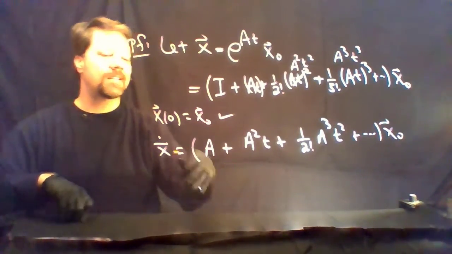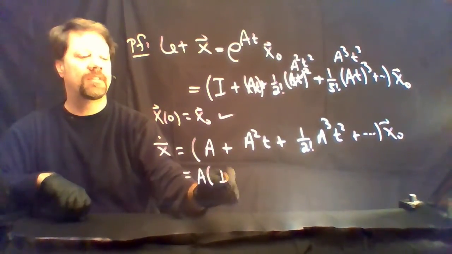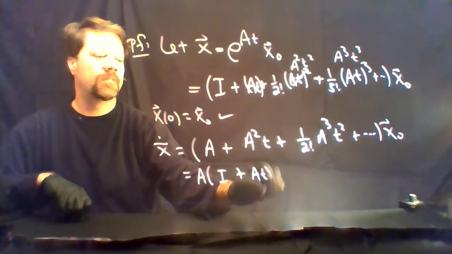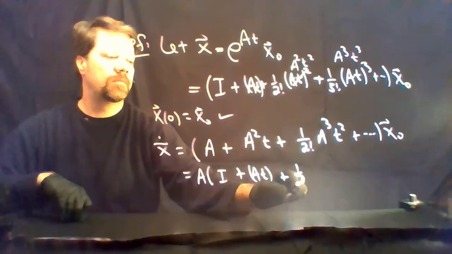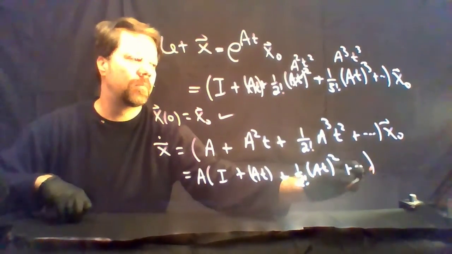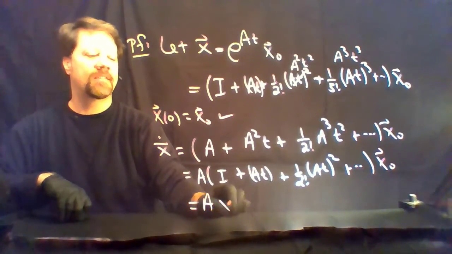X naught is constant. If you now factor an A out on the left, you can take one factor of A out, you end up with A times x.